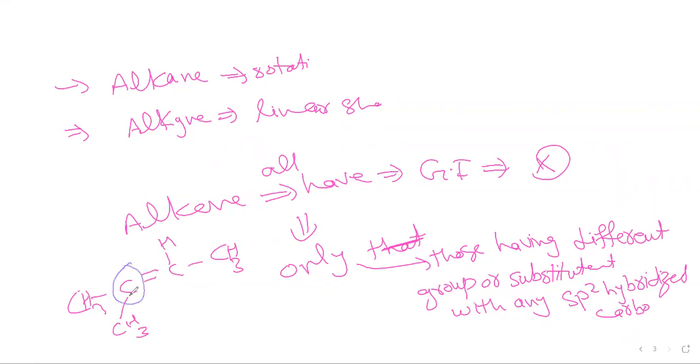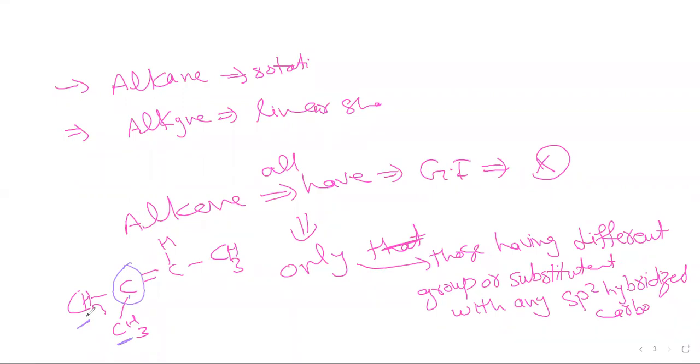Because this sp2 hybridized carbon is connected with two similar groups, two similar substituents. I repeat, if any alkene carbon is connected with two similar groups, then it would not have geometric isomerism from that carbon. Okay, any doubt, any question?